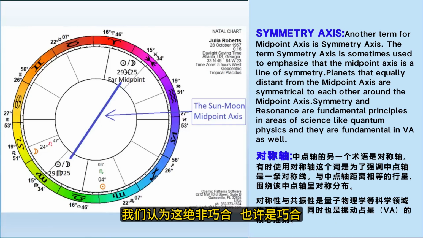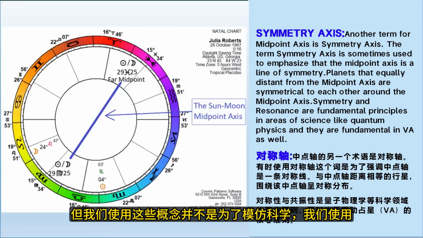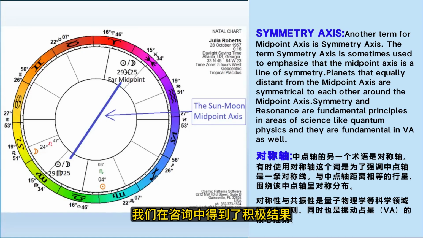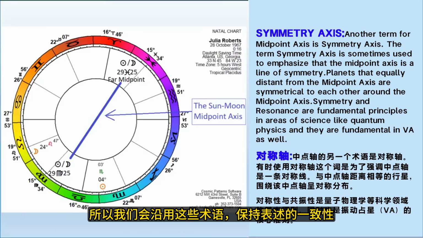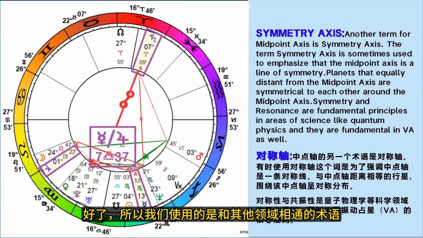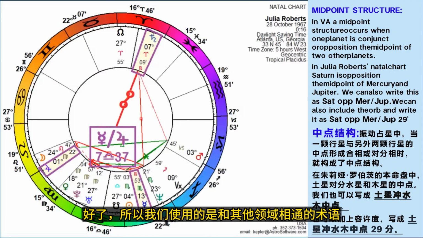And we think that's not a coincidence. I mean, maybe it is a coincidence. We're not using these ideas to imitate science. We're using them because we get positive results in our controlled research studies. We get positive results in our consultations. You know, they work and they happen to be extremely similar to ideas in science. So we'll often use terminology that maintains that consistency because it's there. Okay, so we're using the same terms used in other environments.